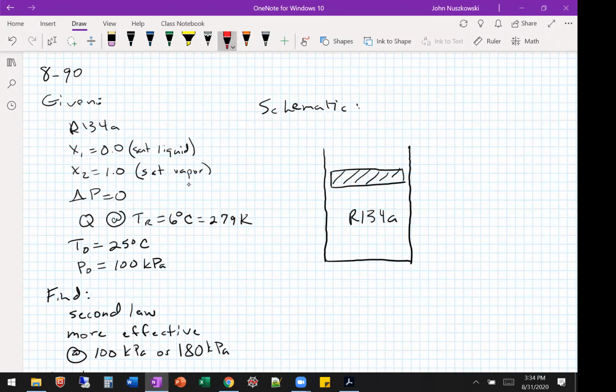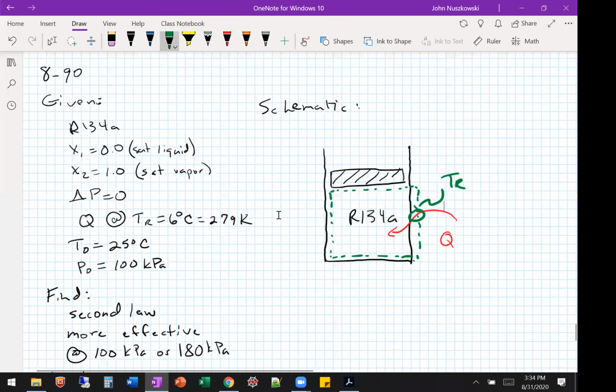There's some heat transfer going on. We've got our boundary.